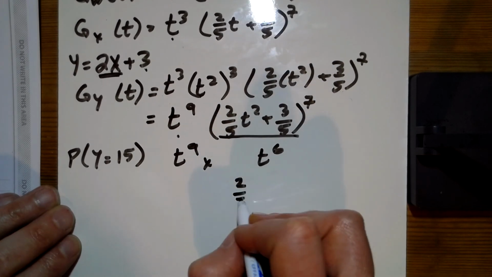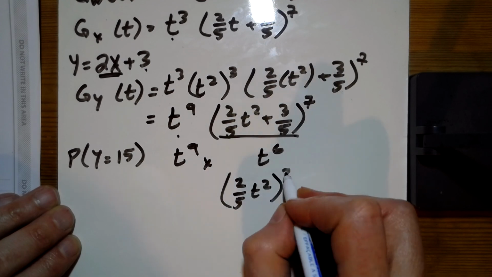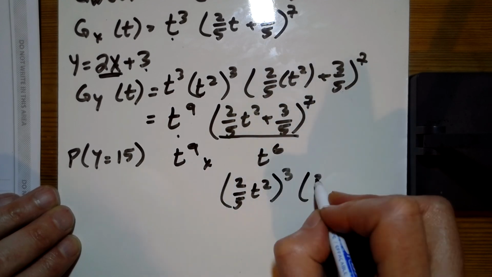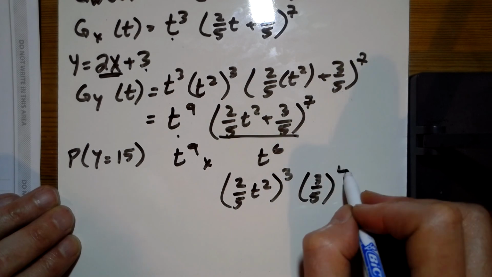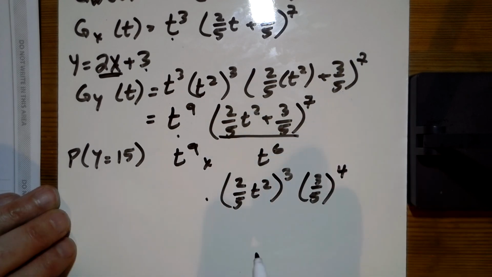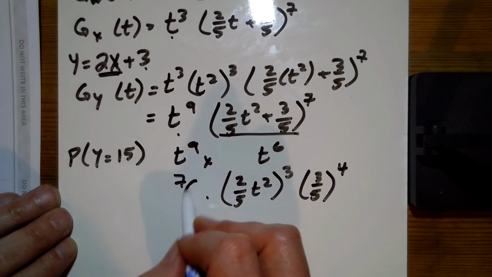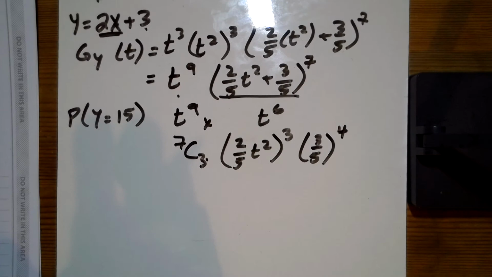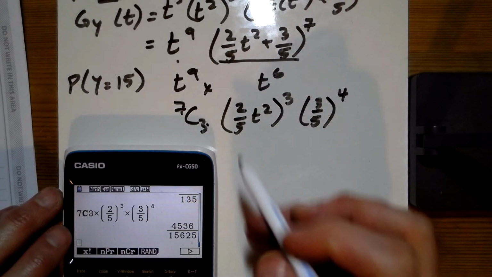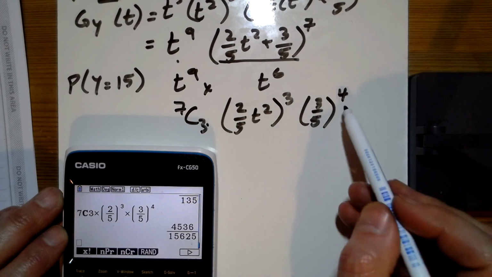So we want 2/5 t squared cubed. We're then going to want 3/5, it's all to the power of 7, so that's to the power of 4. And we've also got the number of ways of doing that, which will be 7 choose 3. So I think I'm tapping in 7 choose 3. Yeah, there it is. 7 choose 3, 2/5 cubed and 3/5 to the 4.